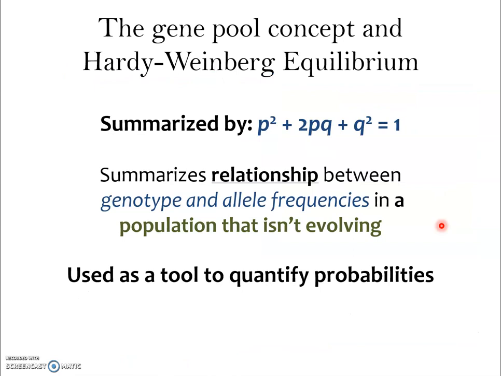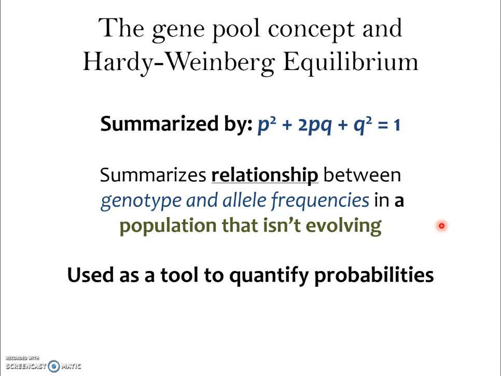Way back in video 1, I told you that the Hardy-Weinberg principle, or Hardy-Weinberg equilibrium, is summarized by this equation: p squared, the likelihood of being homozygous dominant, plus 2pq, the likelihood of being a heterozygote, plus q squared, the likelihood of being a homozygous recessive, equals 1.